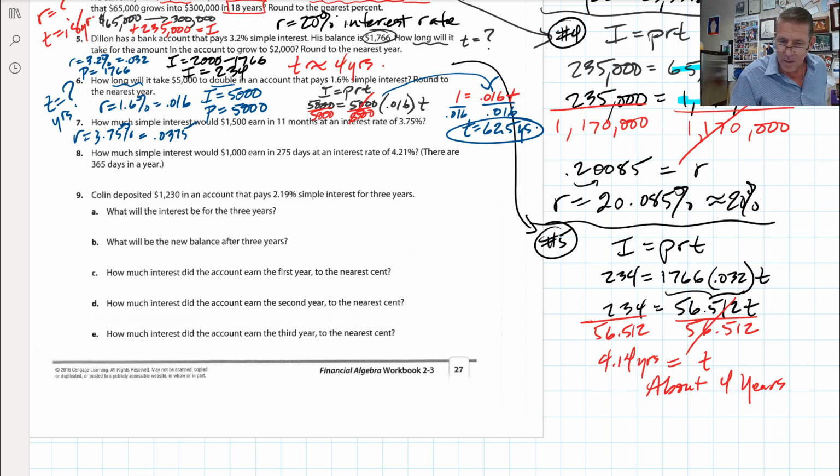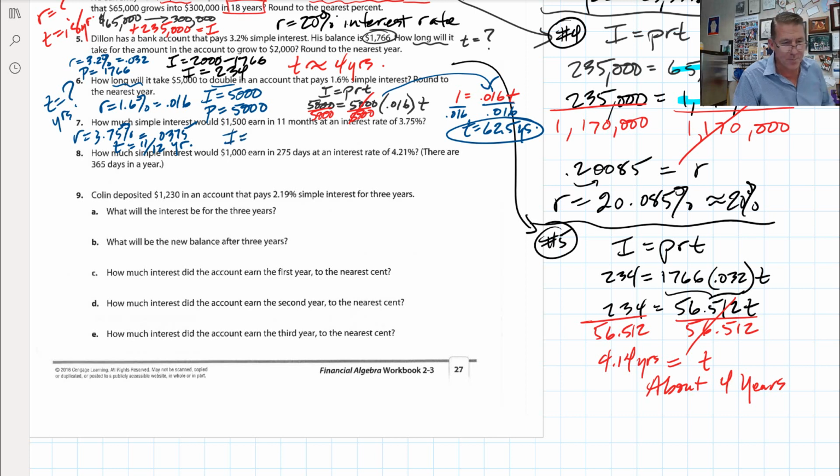T is 11 months, which is not quite a year. It's a portion of the year, so you write T as 11/12 of a year. Remember, T is always in years. And the principal is 1,500.